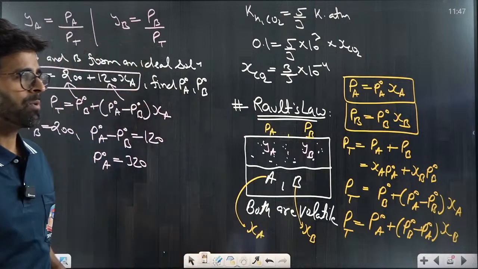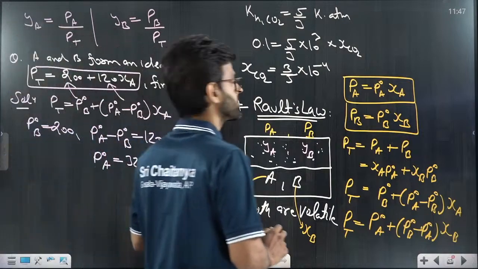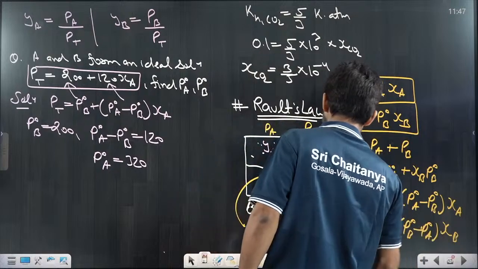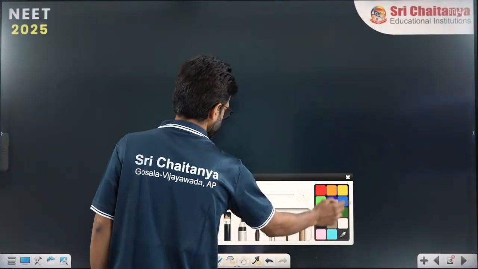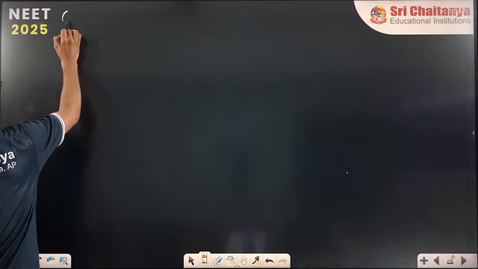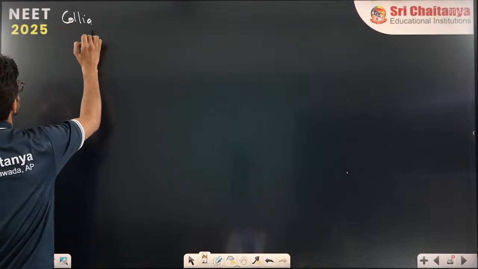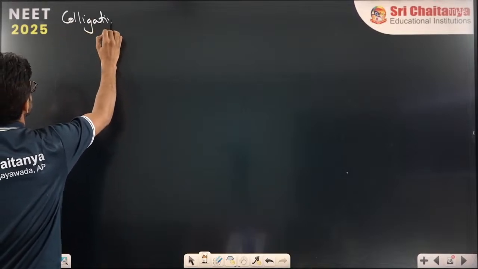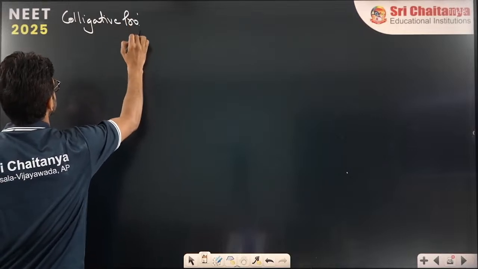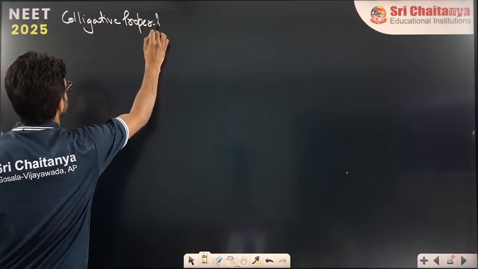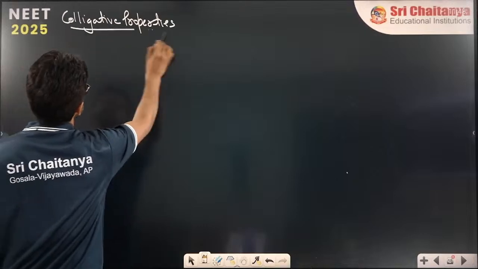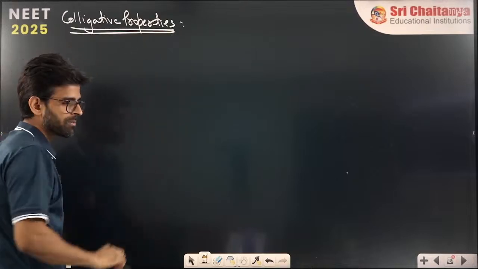Now the next point is colligative properties. There are 4 colligative properties in our syllabus.